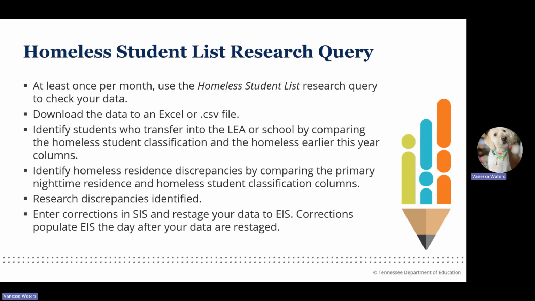Identify homeless residency discrepancies by comparing the primary nighttime residents and homeless student classification columns. And you want to research discrepancies identified. You want to enter corrections in SIS and restage your data to EIS. Corrections populate in EIS the day after your data are restaged.